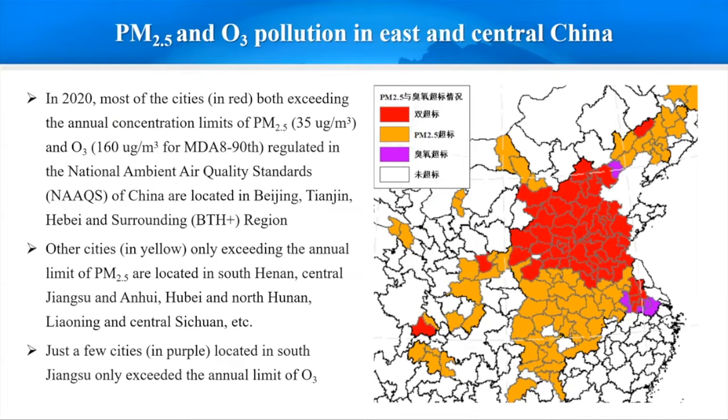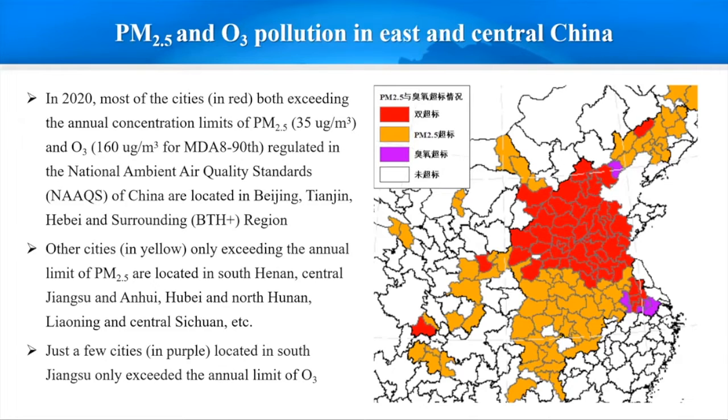We can see that in 2020, most of the cities in red color exceeded both the annual concentration limit of PM2.5, which is 35 microgram per cubic meter for China, and the ozone limit, which is 160 microgram per cubic meter for the assessment standard for China, both regulated in our national ambient air quality standards.